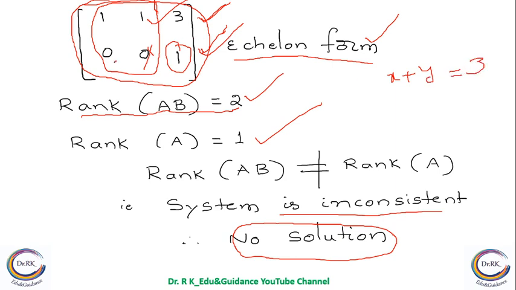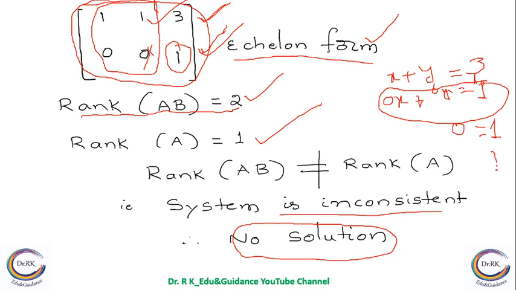And the second one is 0x plus 0y equal to 1, right? So 0x plus 0y equal to 1 means this is nothing but 0 equal to 1, which is absurd, right? Absurd means we conclude with respect to the nature of the solution, right?